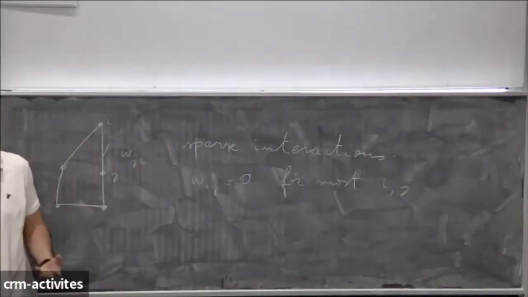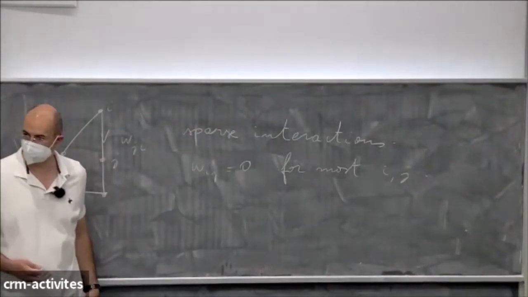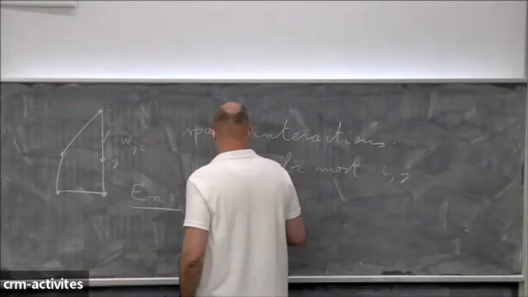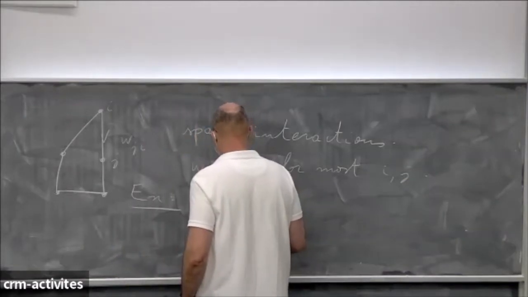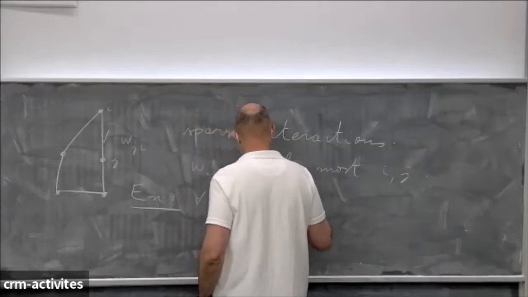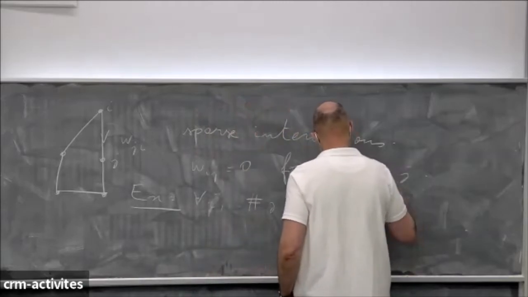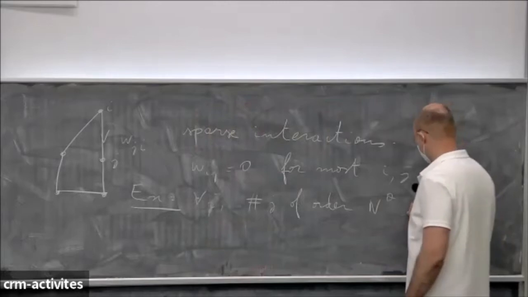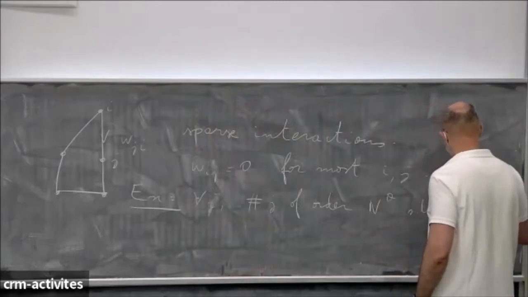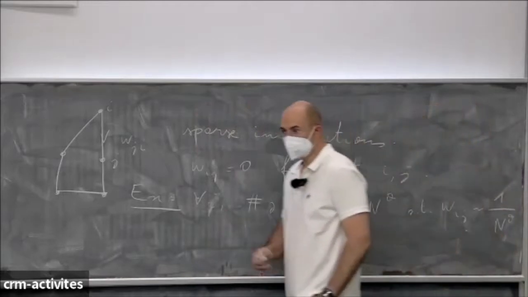For example, I can play with scales. I can say that there is another scale within the graph. I can say that for any i, the total number of j is of order n^theta, such that w_ij is then of order 1 over n^theta, for any theta.